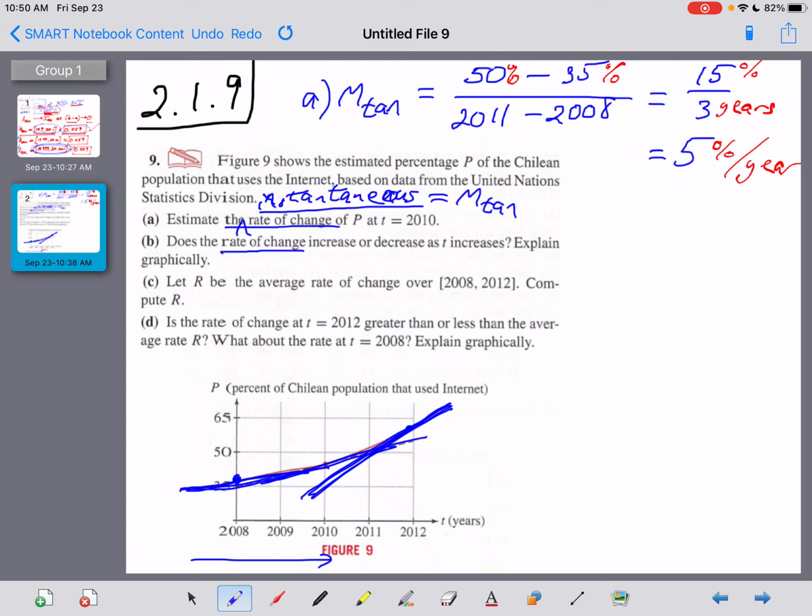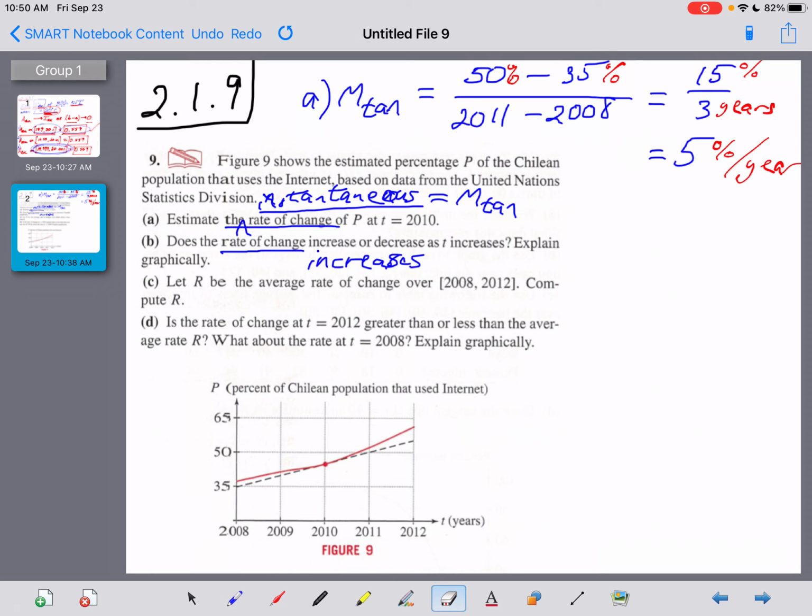It would appear that the line is getting steeper, and so that tells us that our rate of change of people using the internet here over time increases. And the reason I would write, I'll let you guys do this on your own, is because the tangent lines get steeper as we move from left to right. Okay, so I'm going to erase all of this, and let's move on now to part C.